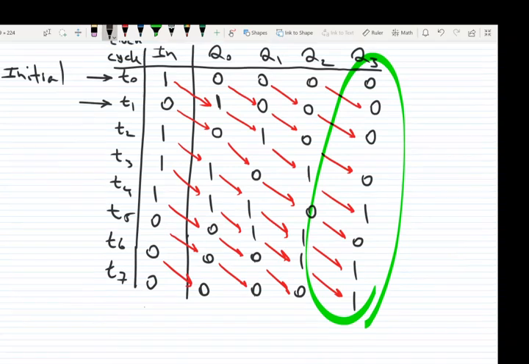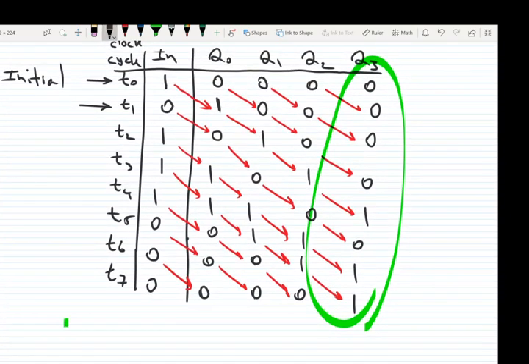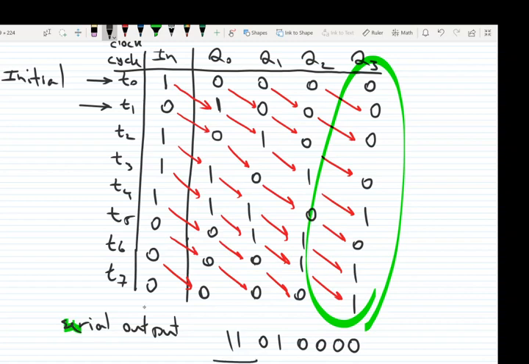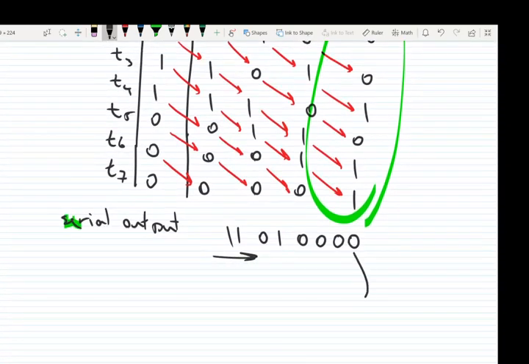So the serial output is equal to 0 0 0 0 1 0 1 1, and we put this arrow. It means that the first output, of course, is this zero, the second one, first one, second one, third one, and so on.